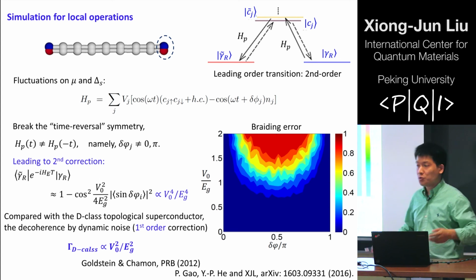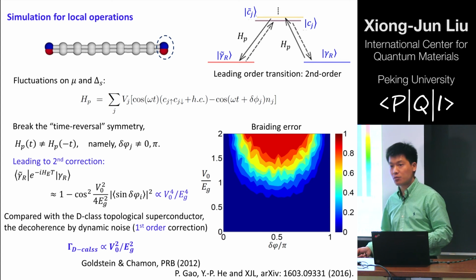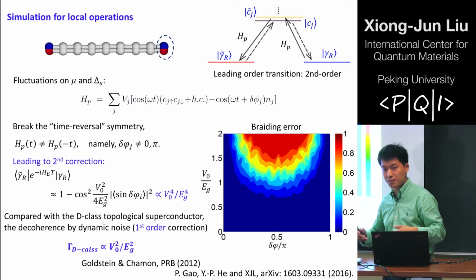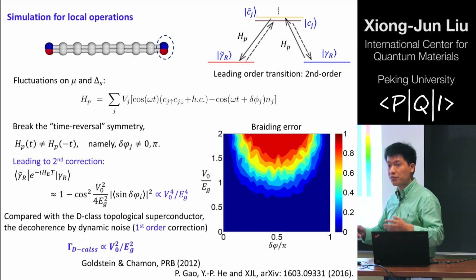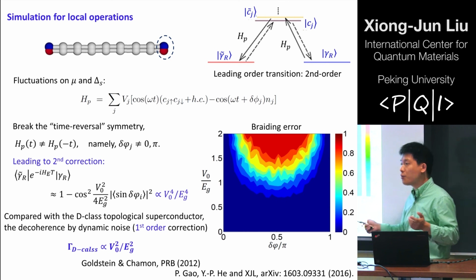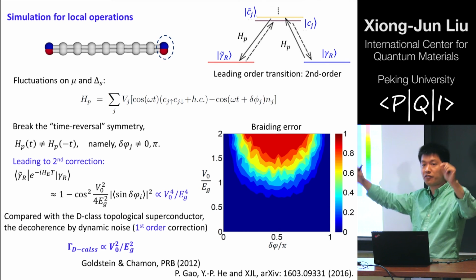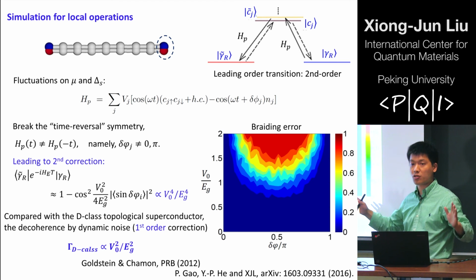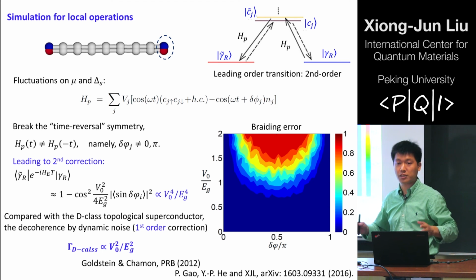Remember, once you talk about non-abelian Majoranas, you should always require that you don't have dynamical noise. Even for the chiral topological conductor, you have isolated Majoranas when you do the braiding, and you should not have dynamic noise. Once you have dynamic noise, you always induce decoherence.